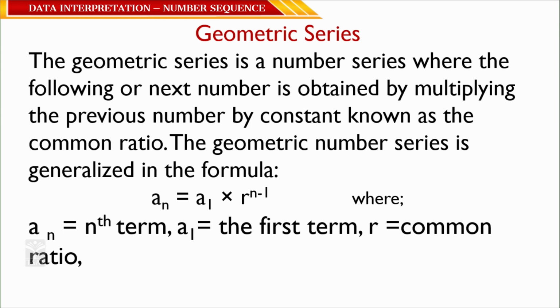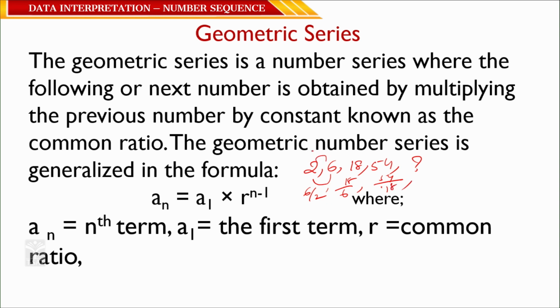For example, if you say 2, 6, 18, 54, what is the next number? 6 by 2 is 3, 18 by 6 is 3, 54 by 18 is 3.